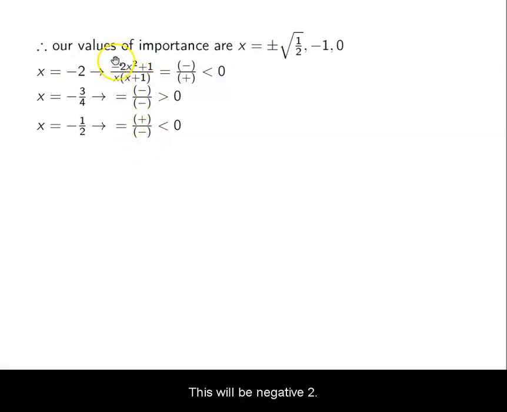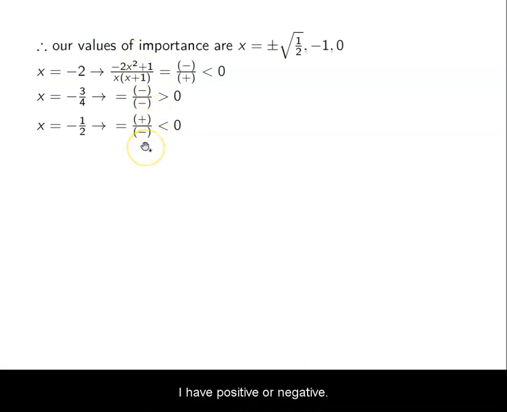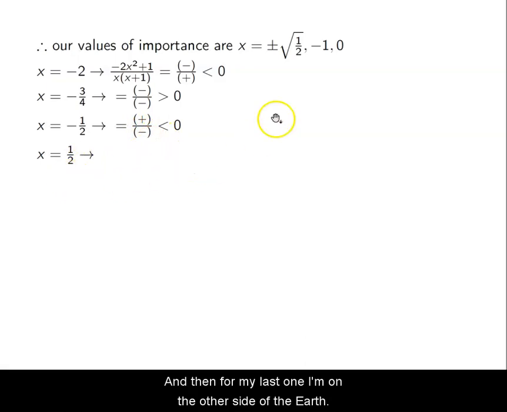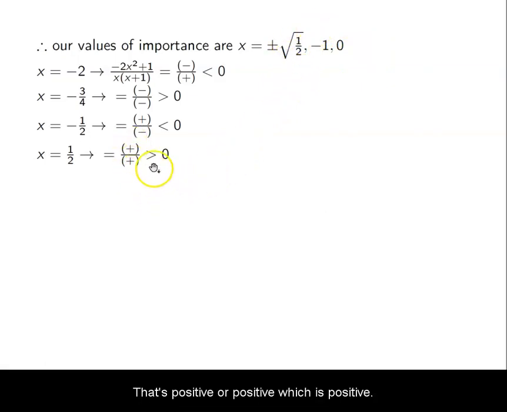This will be negative 2 times a positive 1/2, so this will be negative, and then plus the 1. So that's actually going to give me a positive value on top. So I'll have positive over negative, so that's negative. And then for my last one, I'm on the other side of 0, but less than square root of 1/2. So that's positive over positive, which is positive.